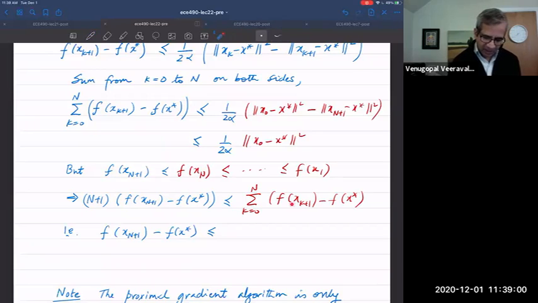In other words, if I lower bound each of these terms by xn plus 1, they'll all be the same term, and there are n plus 1 elements, so n plus 1 times this is less than this.